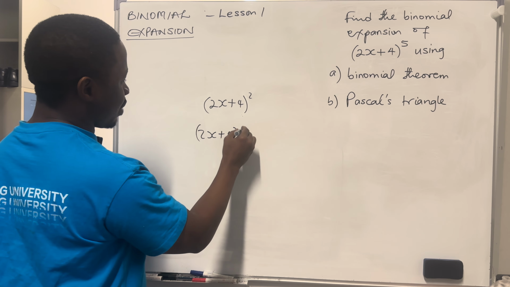Here it appears for the first time: 1, 2, 3, 4, 5. See, this one decreases: 2x to the 5, 2x to the 4, 2x to the 3, 2x to the 2, 2x to the 1. Then this one increases in power: 4 to the 1, 4 to the 2, 4 to the 3, 4 to the 4, 4 to the 5. So easy.